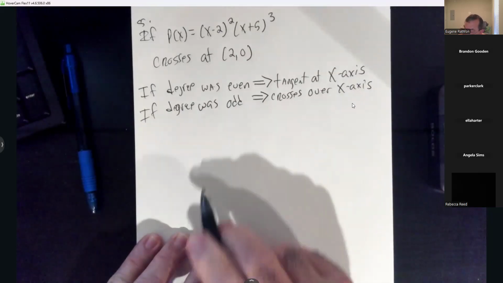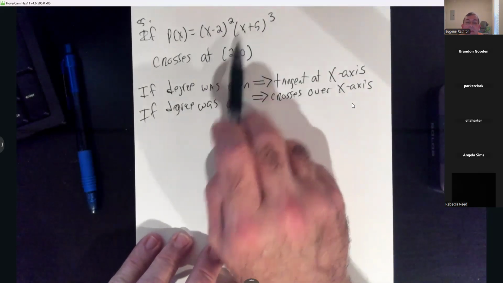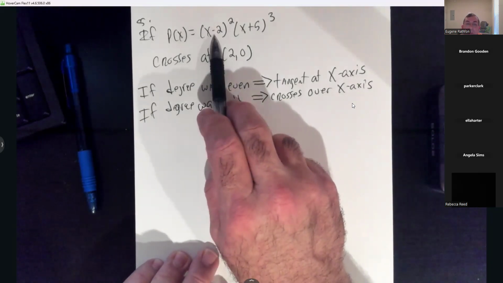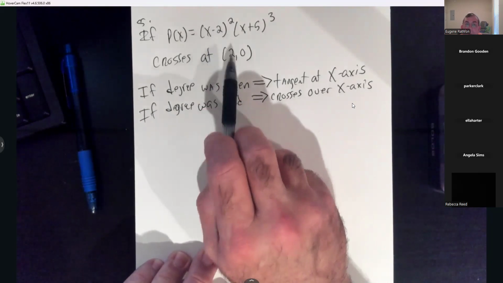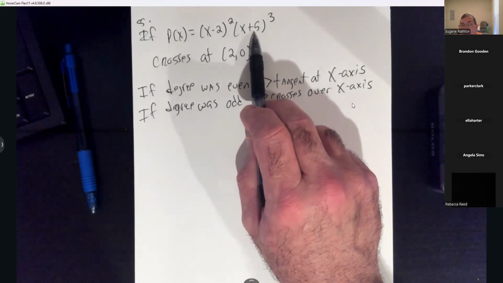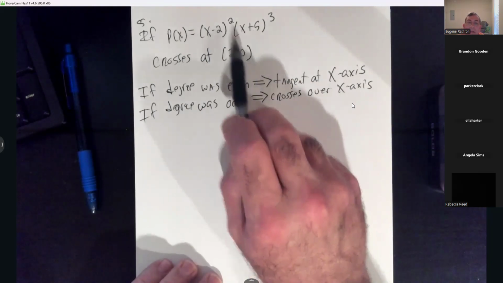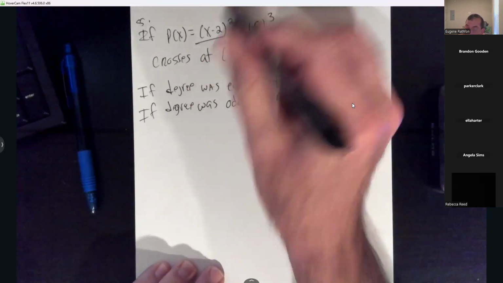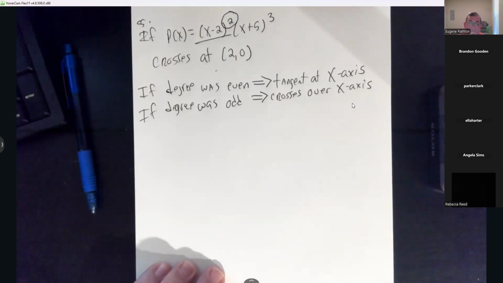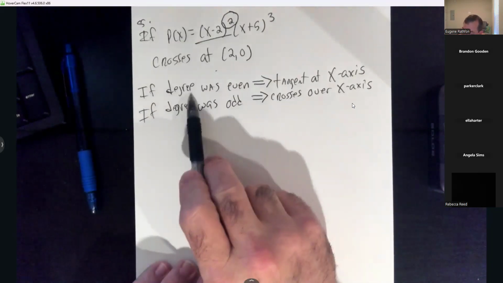All right, y'all, so they want to know at this 2, 0. Well, you got to figure out which factor the 2, 0 came out of. If I said x minus 2 equal to 0, that's the factor that would have given me that 2. The other one, x plus 5, if you said it equal to 0, you would have got a negative 5. So since this is 2, 0, we're looking at this first factor that has an exponent of 2, which means your degree is even.